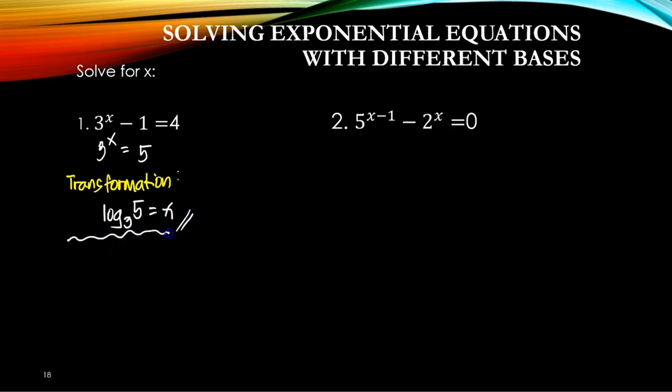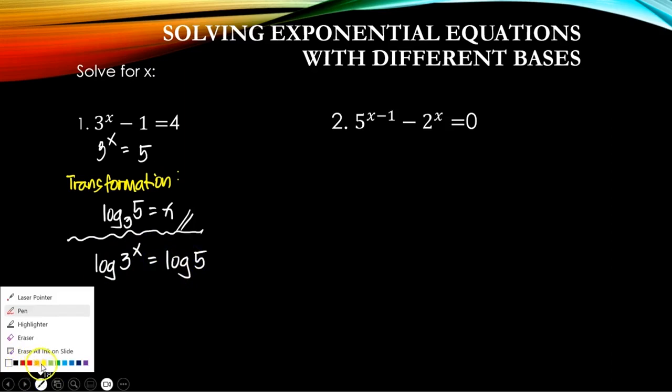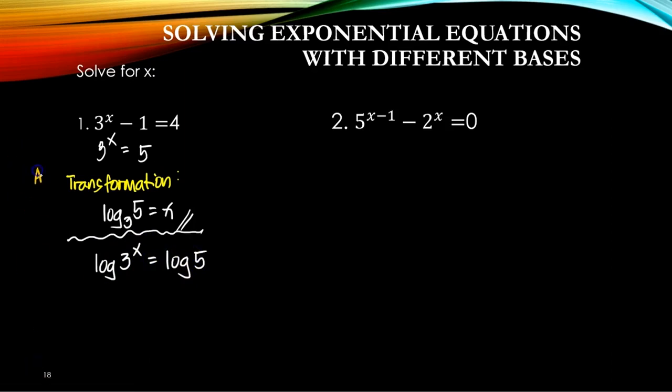However, if for example you want to use some of the techniques that I have shown you earlier, if I apply logarithm, 3 raised to x is equal to logarithm of 5, so this is another technique. So let's just say method A, this is method B. So here, the x goes down to the front, leaving me with x logarithm of 3 is logarithm of 5, and then divide both by log 3.